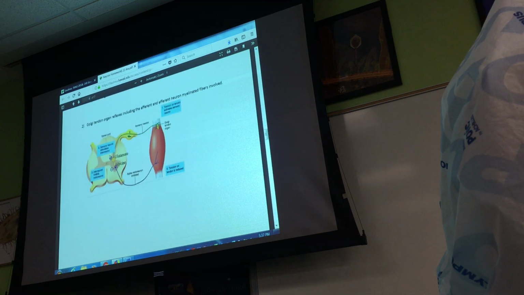And then with the Golgi tendon, you have stretch receptors interwoven in the collagen fibers of the tendon. These result in the stretch sensor, proprioceptor, mechanoreceptor neuron activating an interneuron that releases glycine.